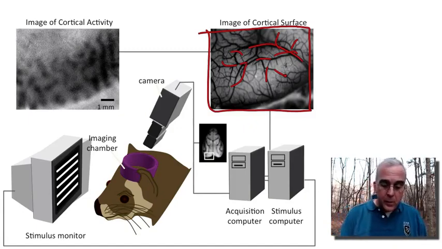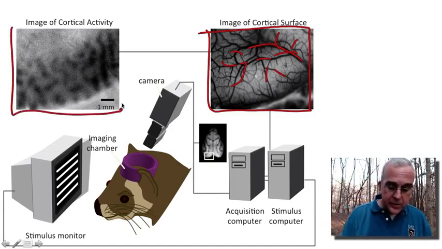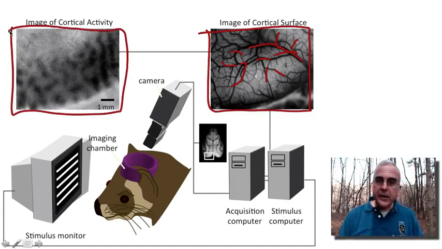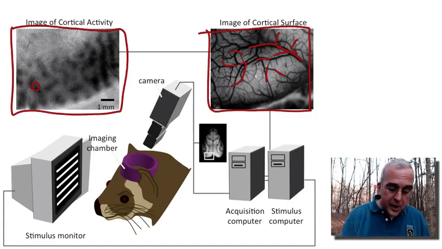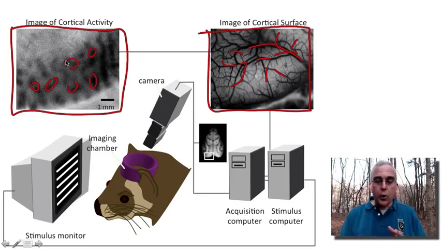When we do, we have the image that is shown here on the left. So we're looking at roughly about 8 millimeters by 6 millimeters of the visual cortex. And what we see are a series of dark spots and small bands. And these dark spots and bands are cortical columns that were activated by the stimulus.